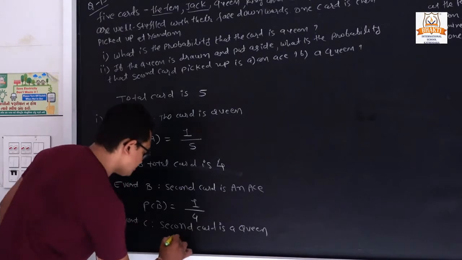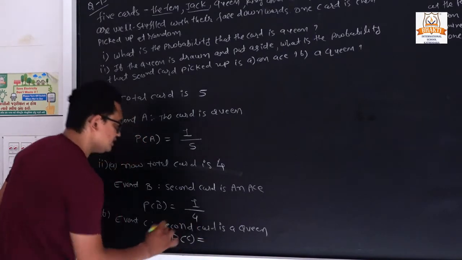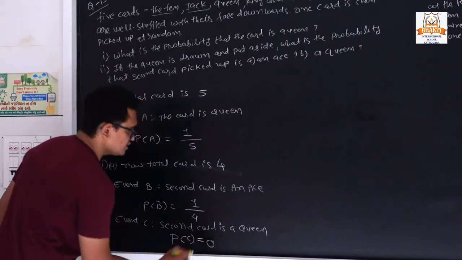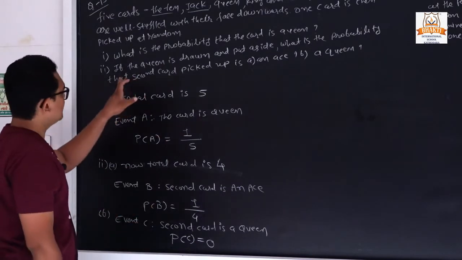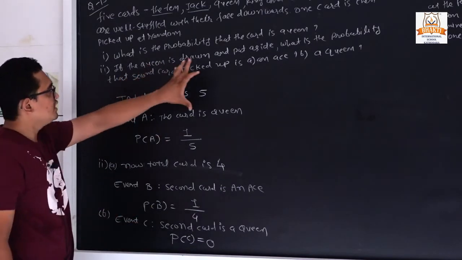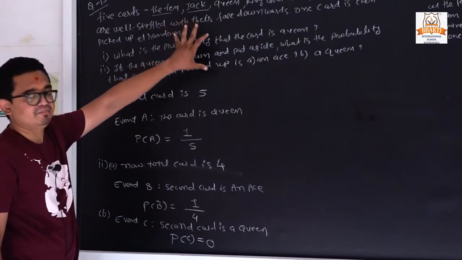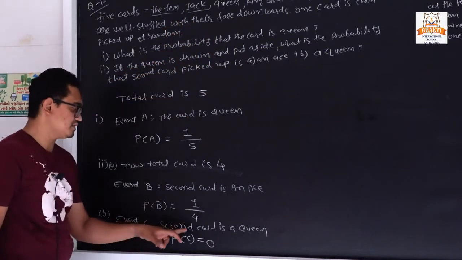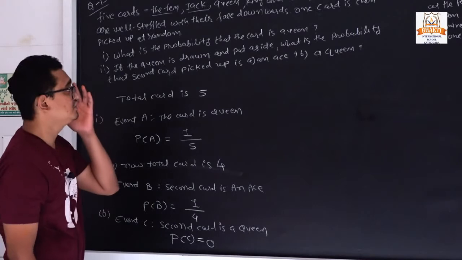P of C is equal to 0, because the queen has already been drawn from a well shuffled pack. So the probability of a queen is 0.